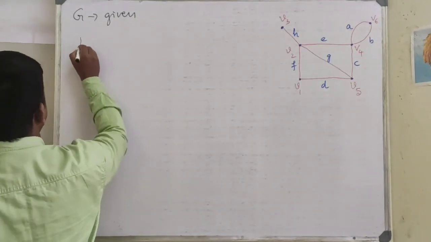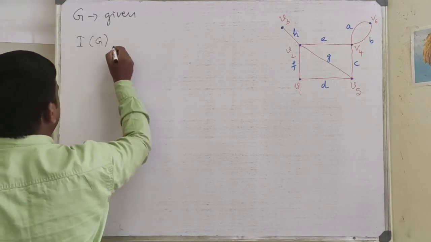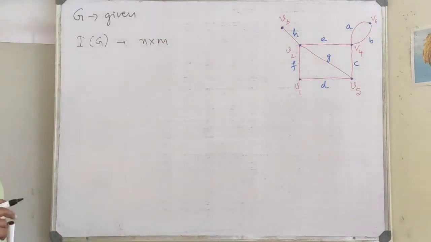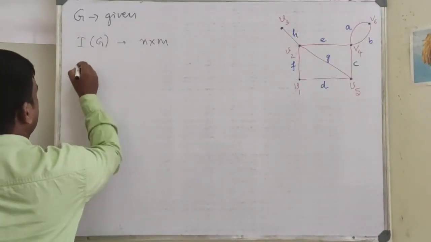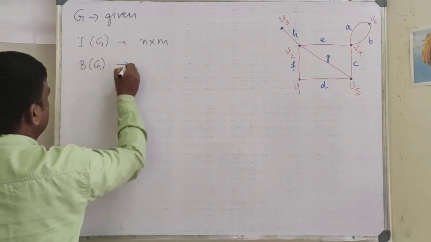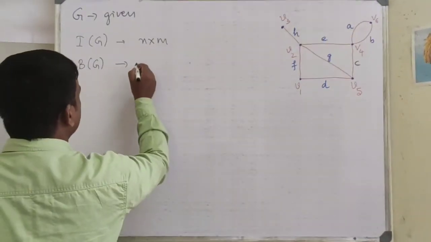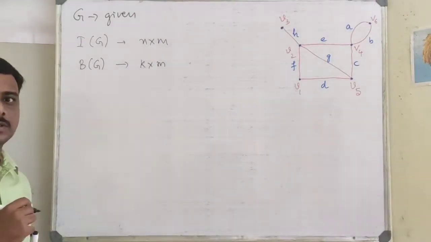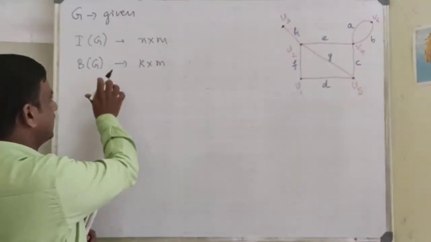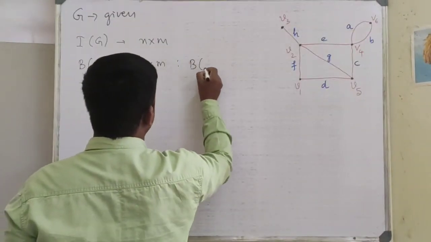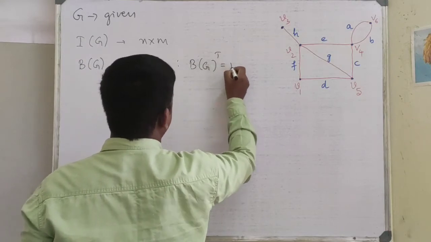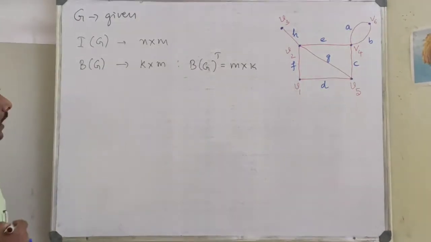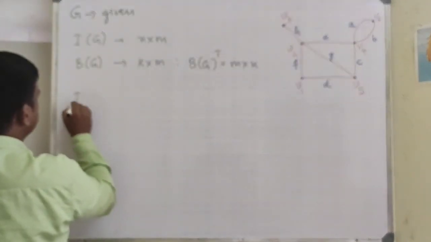Incidence matrix, I will write I of G. It will be of order n cross m, where n is the number of vertices, m the number of edges. Again I can write B of G, the circuit matrix for the same graph. That will be of order k cross m, where k denotes the number of circuits. If I take the transpose of this matrix, B of G transpose, that will have order m cross k.